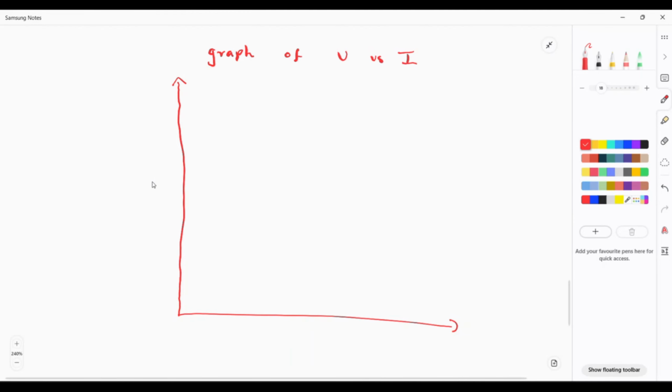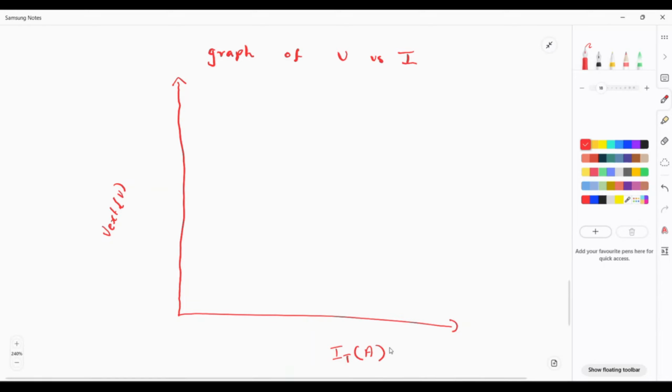Because it is a graph of voltage versus current, let's say here we have the V external, which is measured in volts, and here we have the current, I, which is measured in amperes. What I want you to know is that this graph is going to be a straight line.